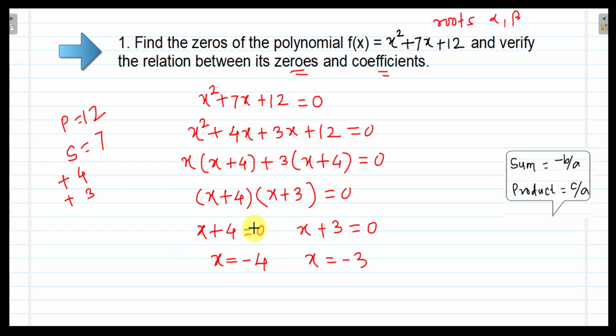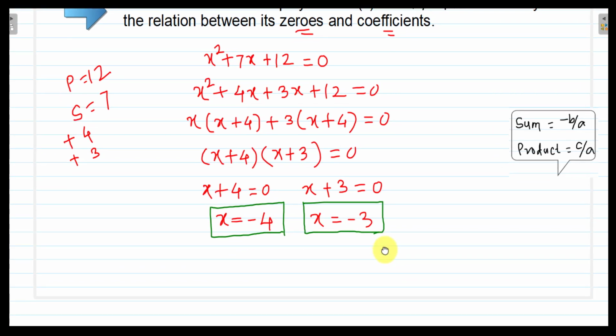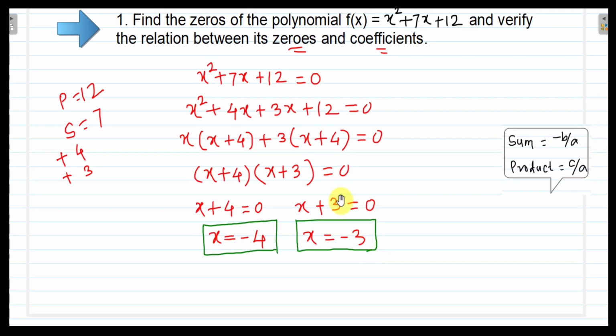Here we have got the zeros of the polynomial, and therefore I highlight this first important step. Friends, always develop the habit of highlighting the important steps. This is the first important step, so highlight it as x is equal to minus 4 and x is equal to minus 3.